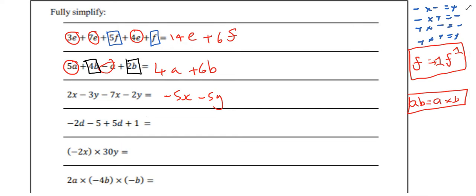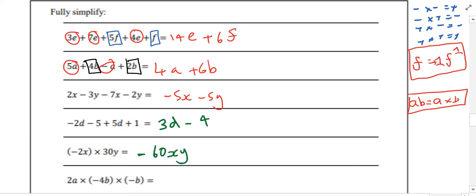Okay, so we got negative 2d plus 5d gives 3d. And then we've got numbers. -5 plus 1 is -4. Here we've got a lovely multiplication. -2 multiplied by 30 is -60 xy. And here we've got some numbers. 2 multiplied by -4 is -8, multiplied by -1, which just gives us 8.